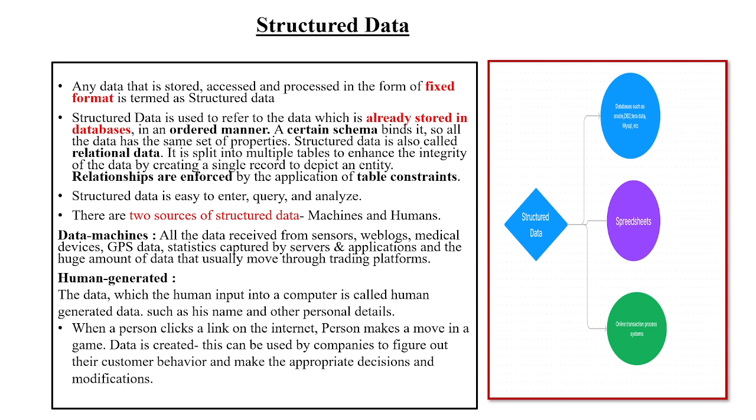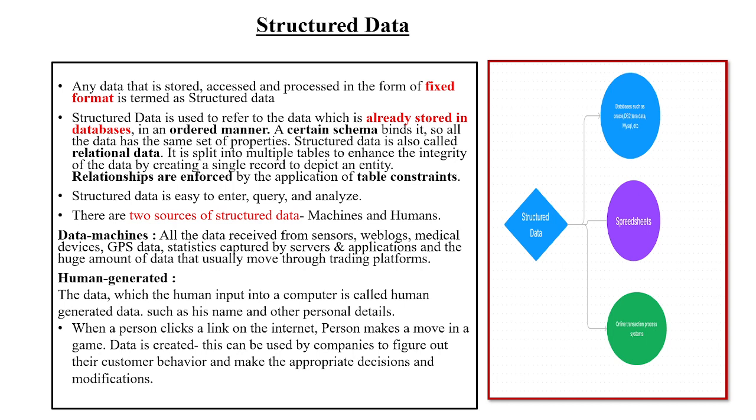How they are ordered: the databases use schemas in order to store the data, to access the data, and to manage the data. The best example for structured data is relational data. And we know that relational data is organized in the form of rows and columns, that is multiple tables. And each table is linked with each other with table constraints.